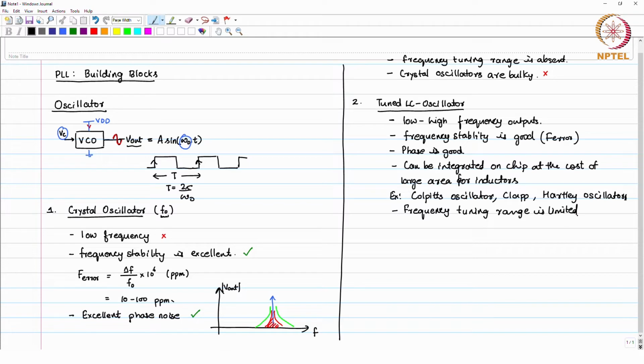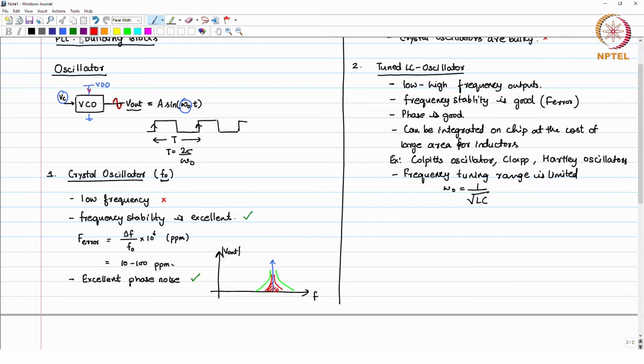Here the frequency tuning range is limited, and the reason is that the frequency at which it is oscillating is roughly equal to 1 over root of L and C. So, how much capacitance you can vary will depend on that, and there will be limitations on that also. You cannot vary the inductor that easily for an LC oscillator. Okay. As you see, in comparison to your crystal oscillators, the good part about this is that it can be integrated on chip.